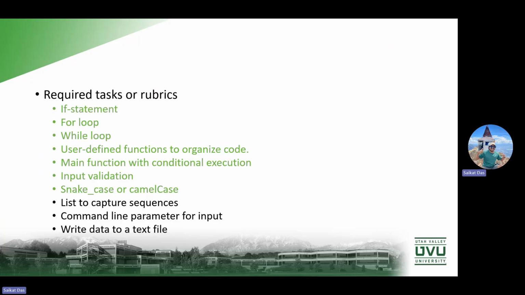Whenever you convert that value to a float, you need to validate it. And how can you validate it? Try and except, right? Using try and except, you can validate whether it's a float or not. If it is not, throw an exception in the except that it is not a valid number, not a float number. Does that make sense?